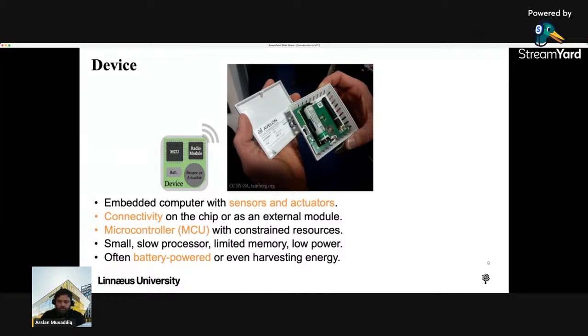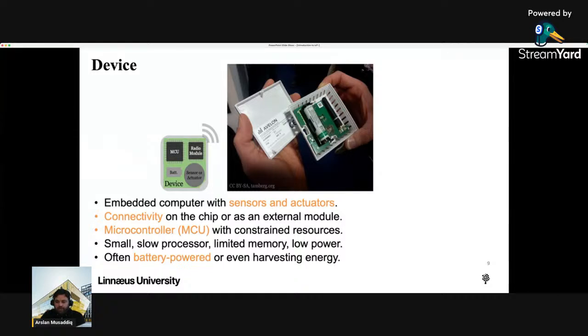These microcontrollers typically have a small, slow processor, limited memory, and are optimized for low power consumption. Because they consume low power, this kind of design makes them ideal for IoT use cases where efficiency and cost effectiveness are essential.